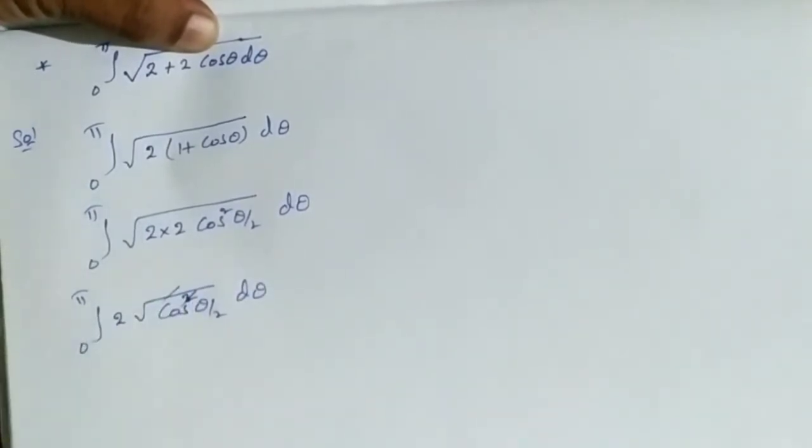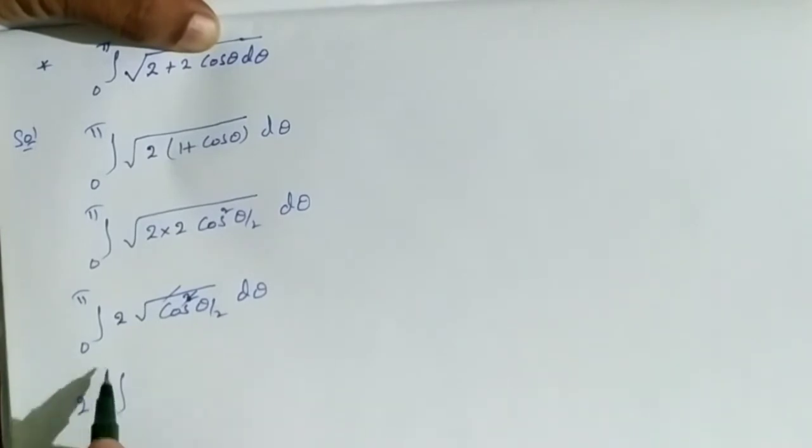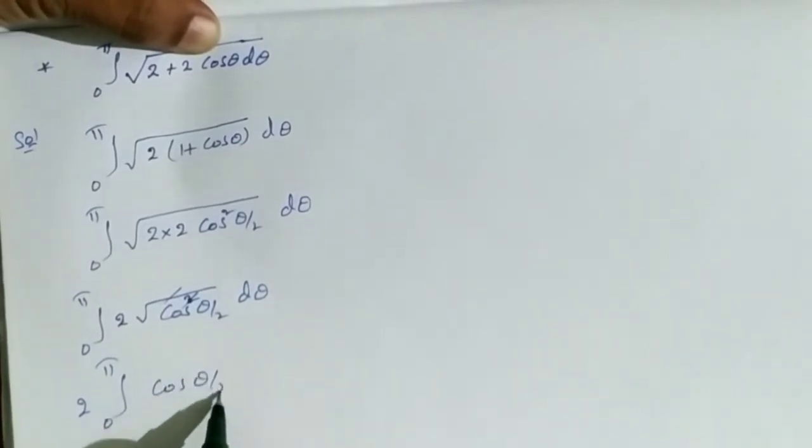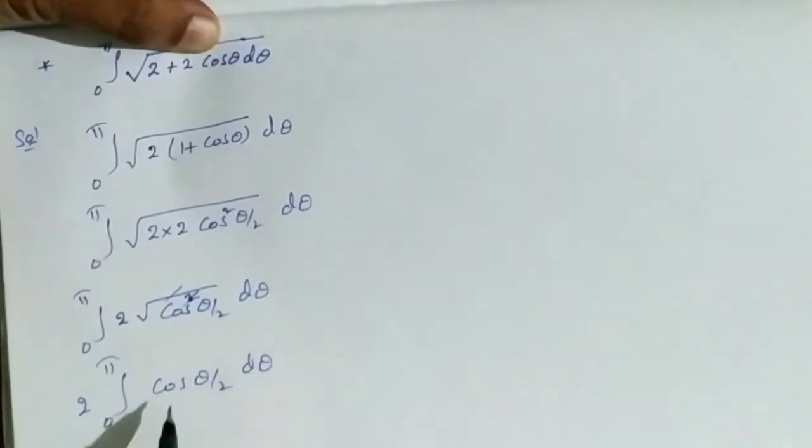The square and root get cancelled, and I'm taking 2 outside of the integration because that is a constant, from pi to 0, and here is left cos theta by 2 d theta.